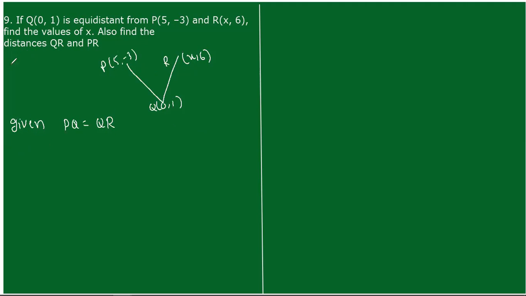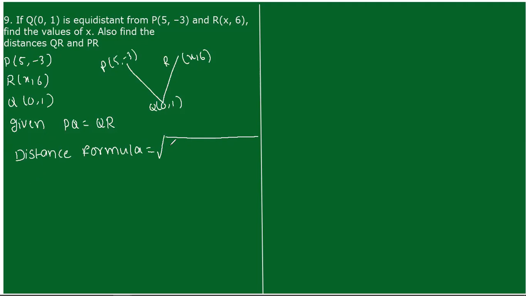Okay. So the distance formula. Before we write the points here in order: P (5, -3), R (x, 6) and Q (0, 1). So let's write the distance formula: under root of (x2 minus x1) whole square plus (y2 minus y1) whole square.